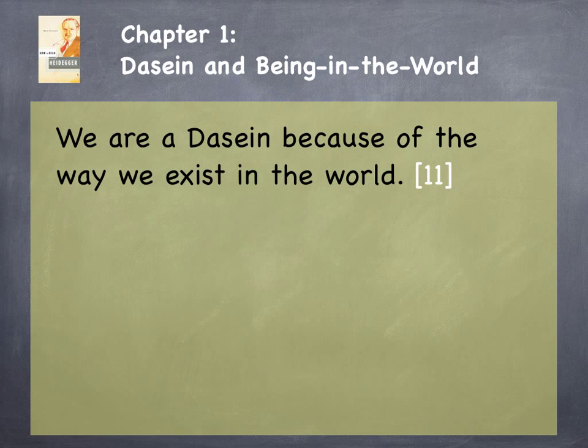If we read "We are Dasein" as "we are human beings," then the sentence basically seems to say that human beings are human beings because of the way they exist in the world. Right? Well, this implies that existence has a way. That there are ways to exist, or ways to be the thing we are.